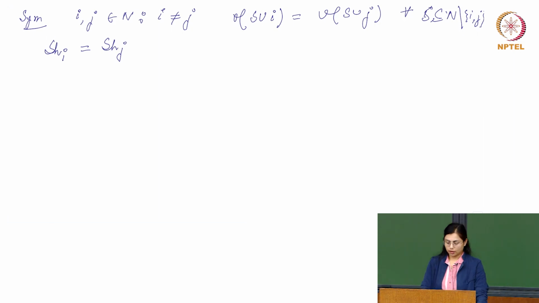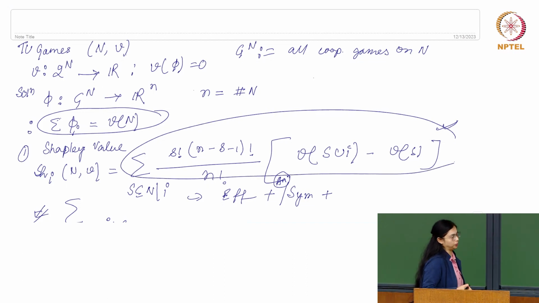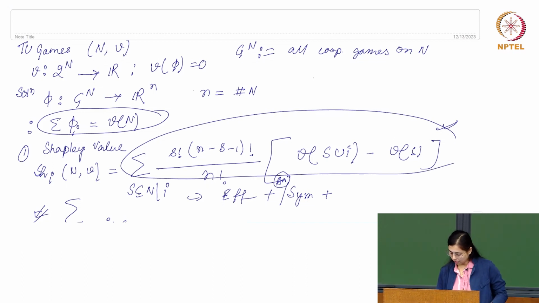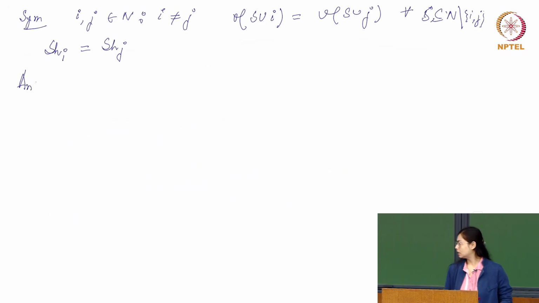From the expression itself, you can prove it. Now, what is anonymity? Anonymity is the stronger condition.